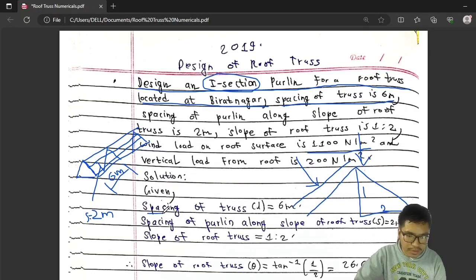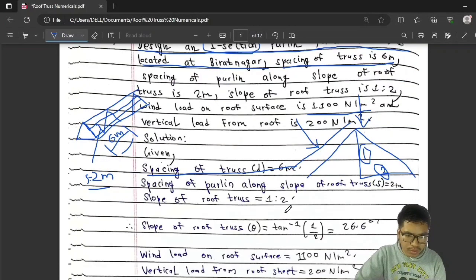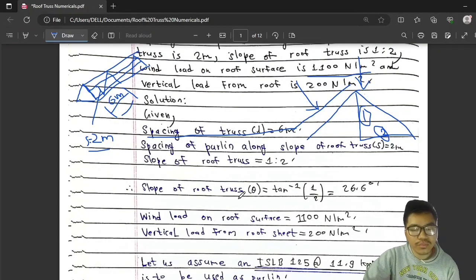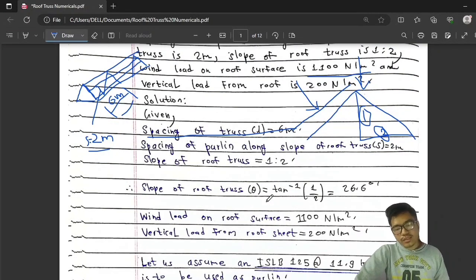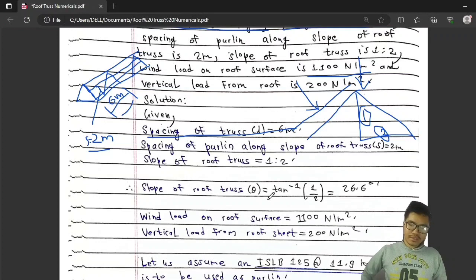So given is spacing of truss, 6 meter. Spacing of purlin along slope, this distance, is 2 meter, and the slope is 1:2. So slope of roof is tan theta, which is equal to vertical by horizontal, that is 1 by 2.